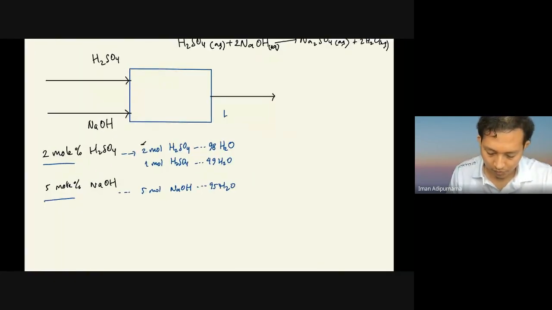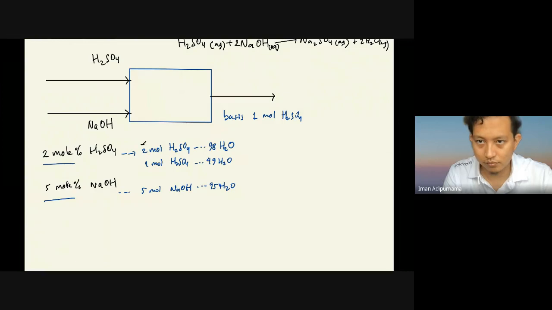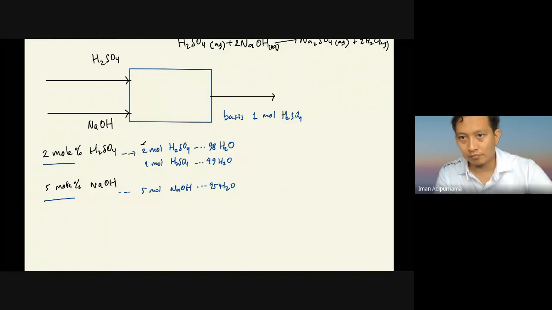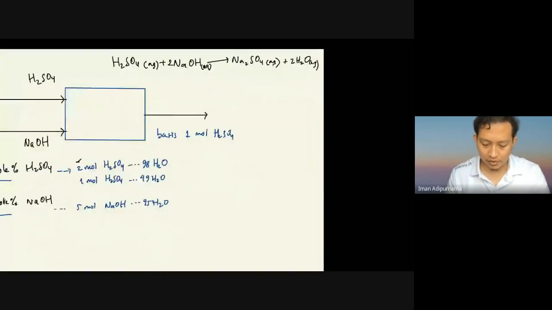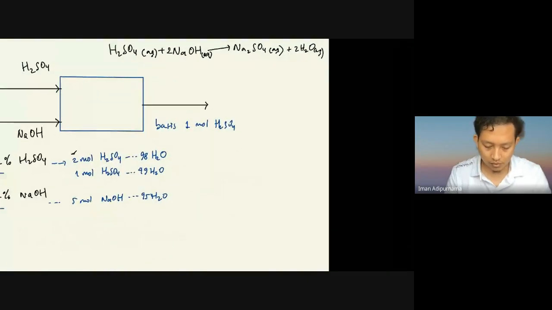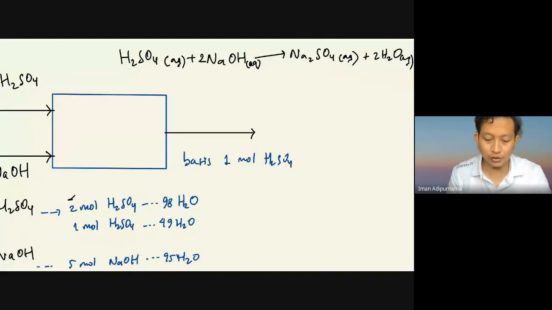So first, this is the basis, 1 mole acid. And then by the reaction here, you see that the moles needed to neutralize natrium hydroxide is 2 mole.